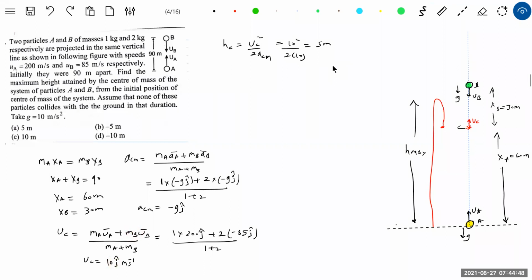So altogether, the question is asking the maximum height ascended. Now from the ground, what will happen? Already it was at 60 meter, now plus 5. So what is H max? 65 meter. So this is the maximum height ascended. From the initial position, it is 5 meter.